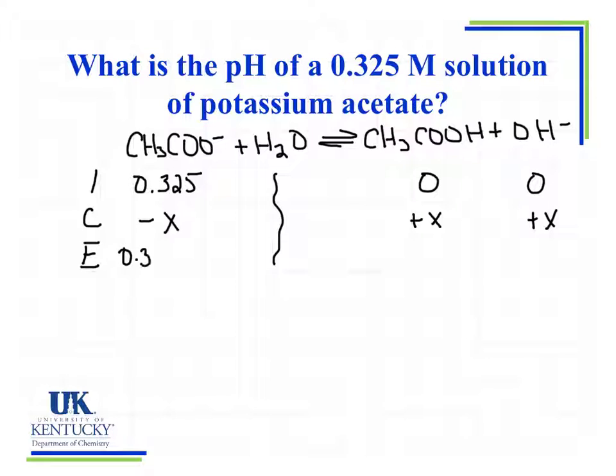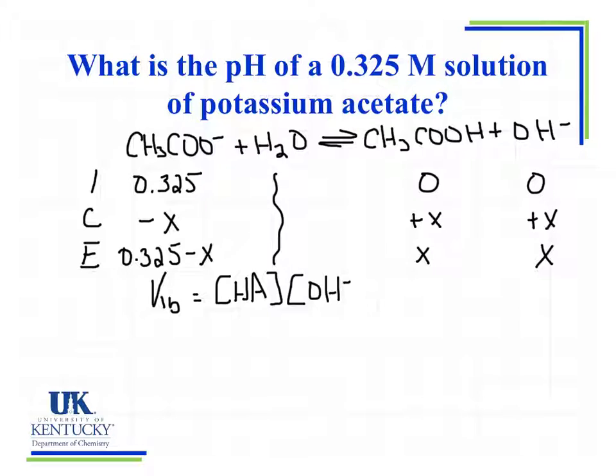So 0.325 minus x, and x. Now I have my equilibrium concentrations with respect to x. I can use the information that I determined on the previous problem for my Kb value, and I can set up the Kb expression, which will be HA, and I'm using that as an abbreviation for my acetic acid, times my OH minus concentration over the CH3COO minus concentration.